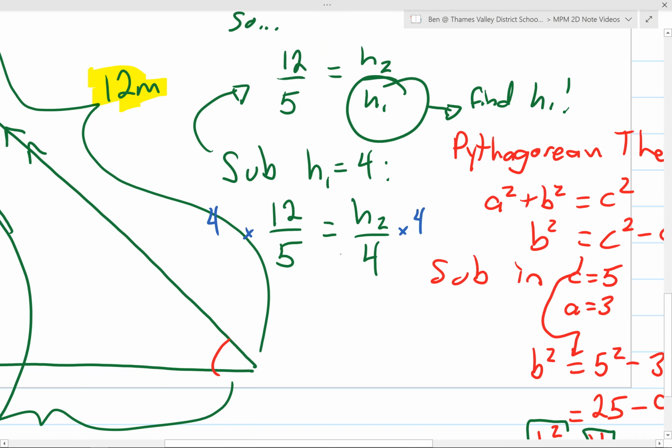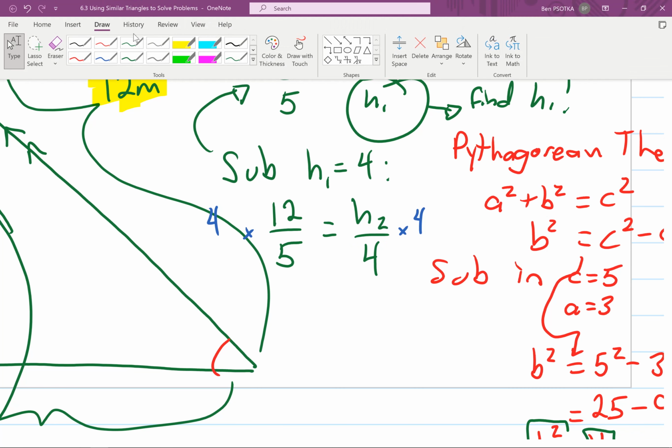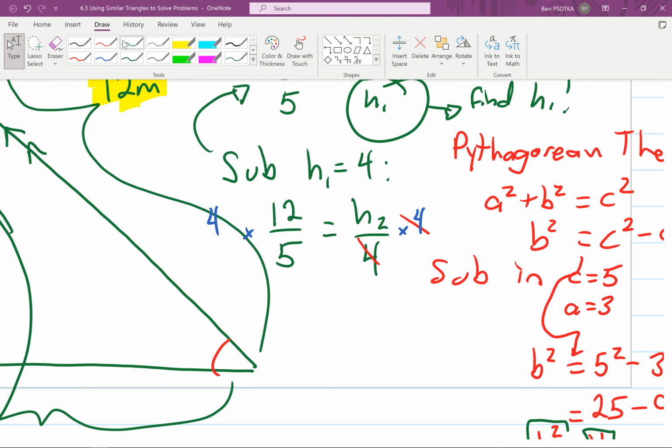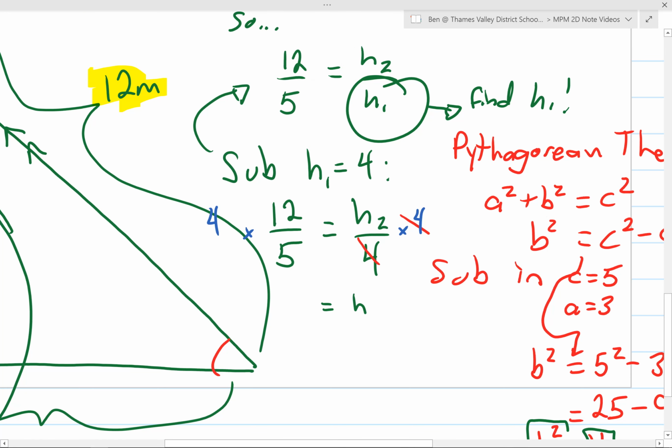I'm performing the inverse operation of the divided by 4 I see over here. They cancel out on the right-hand side, leaving me with H2 equals 4 times 12, that's 48 divided by 5. I can throw that into my calculator right here. 48 divided by 5, I'm working with 9.6. H2 equals 9.6.